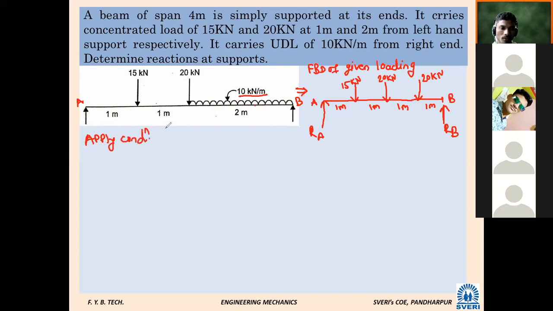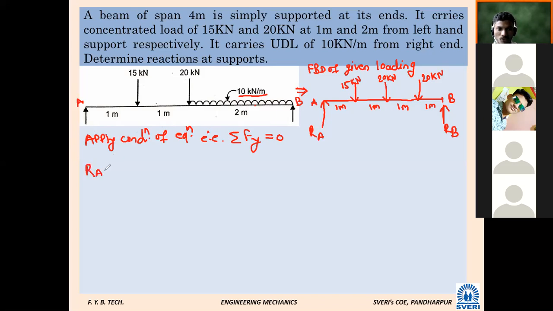Summation Fx equal to 0, summation Fy equal to 0. Summation of Fy is equal to 0. Tell me, will RA be positive or negative? Positive.